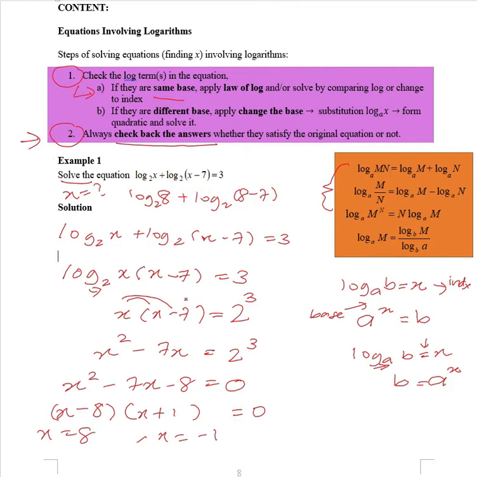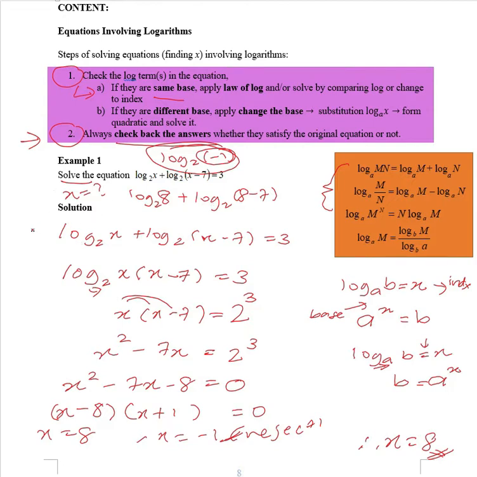But let's say if you substitute in -1, you can't even find the value for this log -1 base 2 because the function inside log cannot be negative. That is one property of log. So for this case, you are going to reject -1. And the final answer is x equal to 8 only.